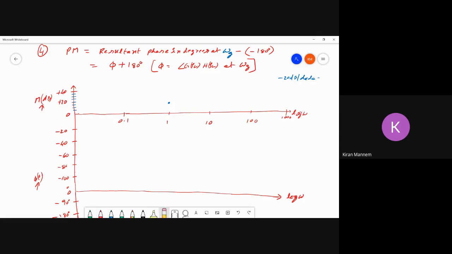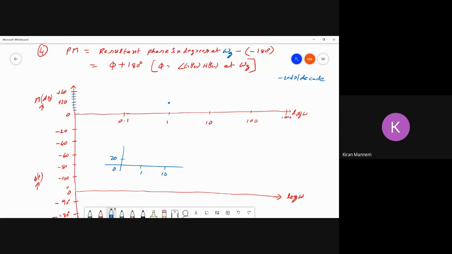Let me take one example here itself: 0 dB, 20 dB, 1 here, 10 here.